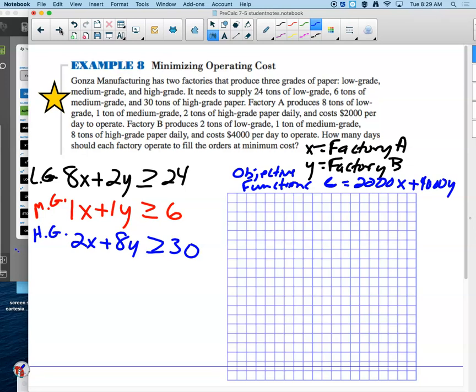I don't think there's any other numbers up there for us. We've got them all. But we need the obligatory constraints, which are x has to be greater than or equal to 0, and y has to be greater than or equal to 0.